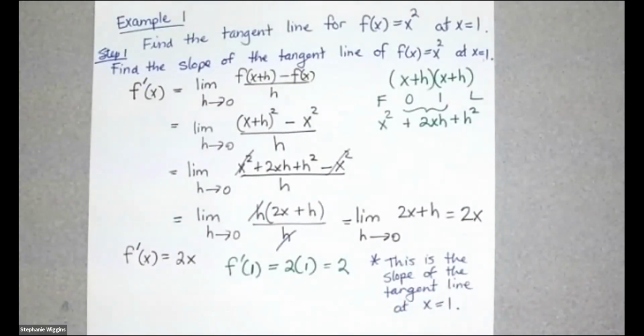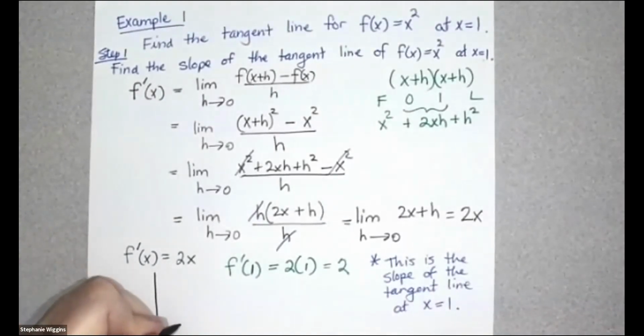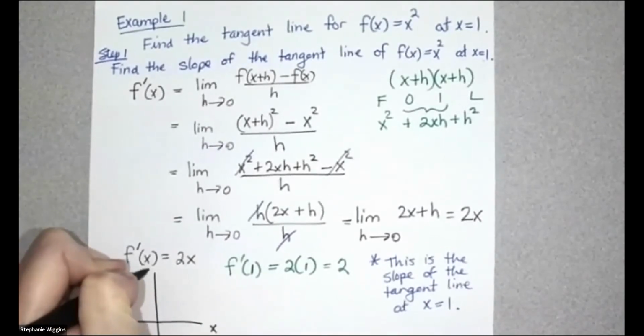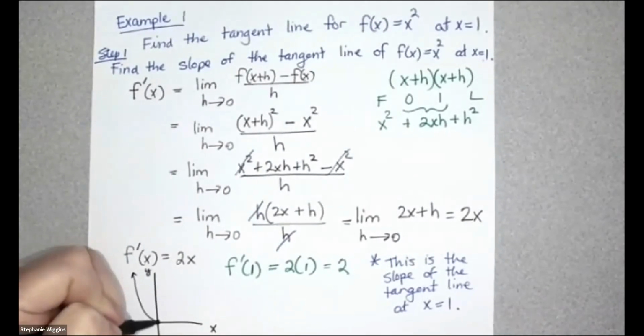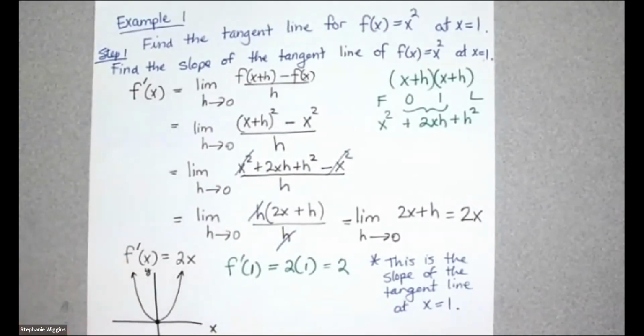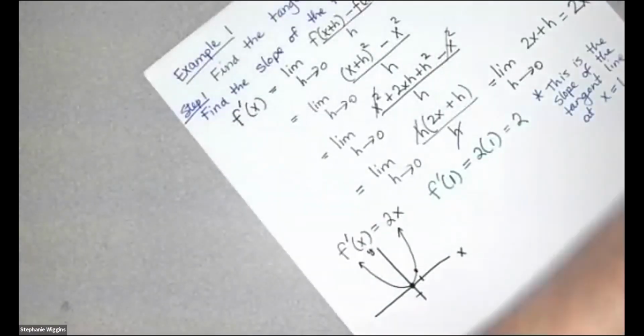Okay, and I can just draw you a picture to show you what that looks like. Just a little picture right here. So we have our function, and at x equal 1, let me draw it in a different color.